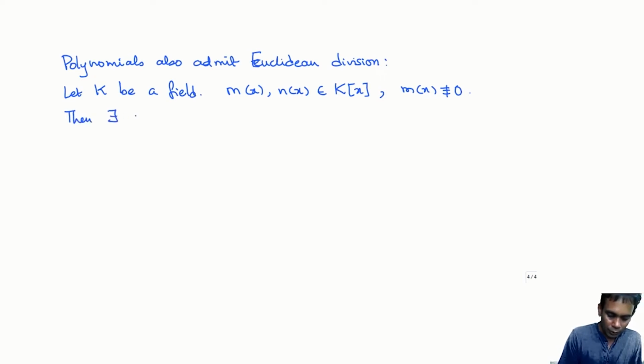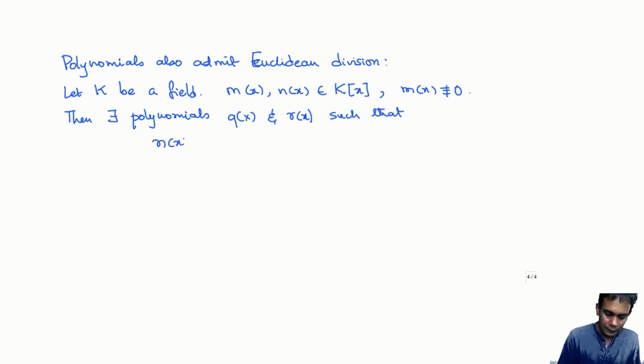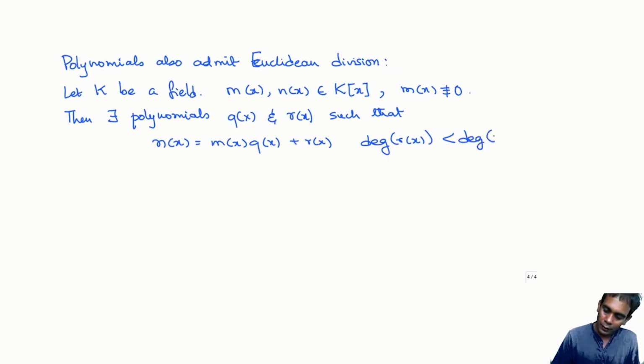Then there exist polynomials q(x) and r(x) such that n(x) is equal to m(x) times q(x) plus r(x), where the degree of r(x) is less than the degree of m(x), or r(x) is equal to 0.